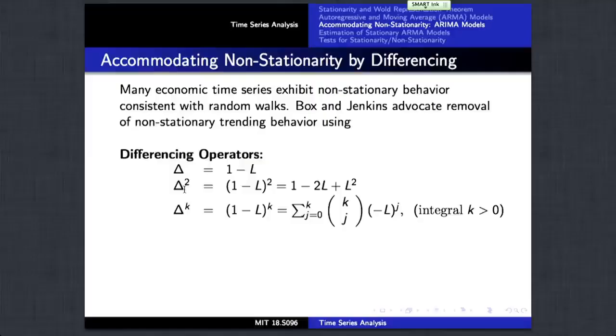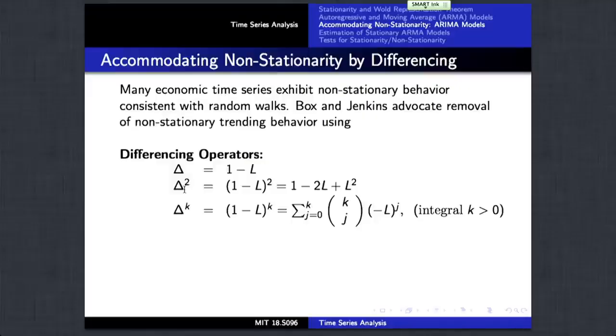And with the differencing operators, delta, Box and Jenkins advocated removing non-stationary trending behavior, which is exhibited often in economic time series, by using a first difference, maybe a second difference, or a kth order difference.